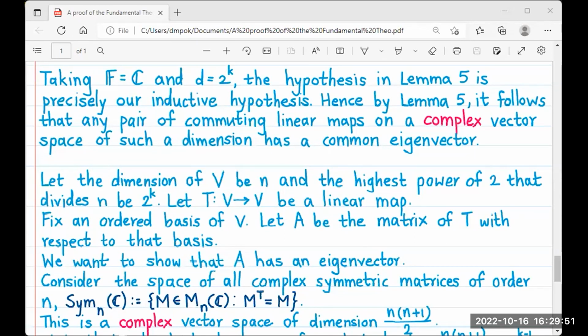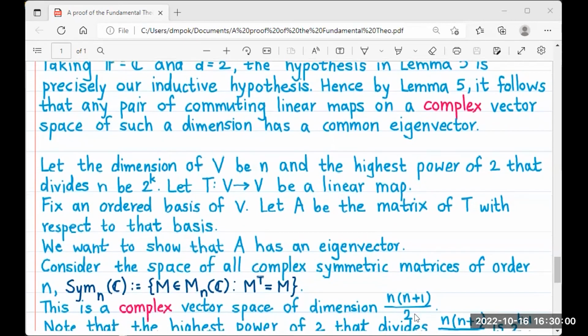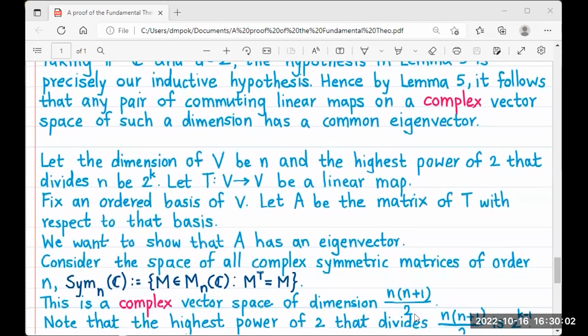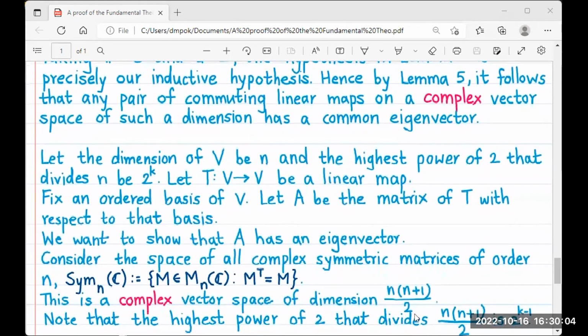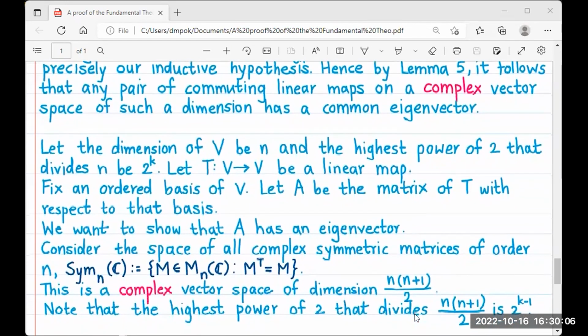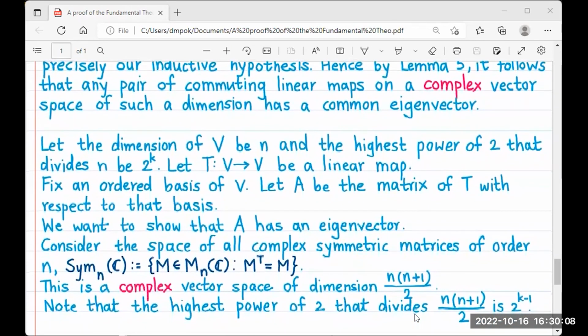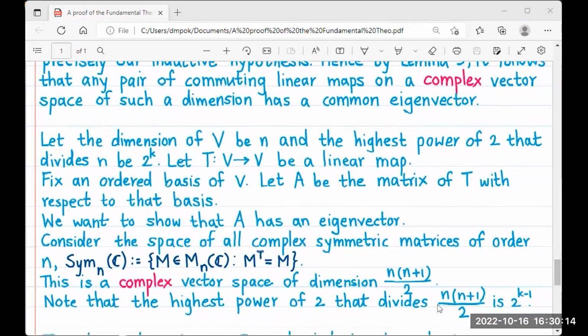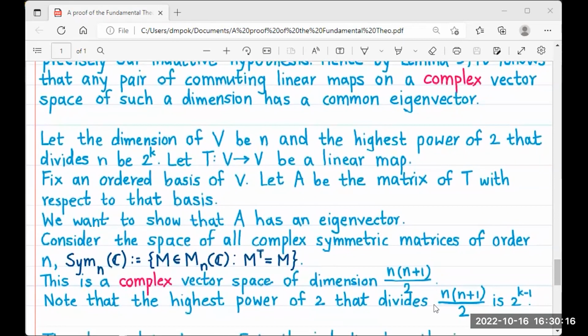So 2 to the power k does not divide n times n plus 1 by 2. Okay, so we have a complex vector space whose dimension is not divisible by 2 to the power k. So we can apply the induction hypothesis, and we have seen a consequence of the inductive hypothesis by using lemma 5, that if you take any pair of commuting linear maps on such a vector space, then it has a common eigenvector.